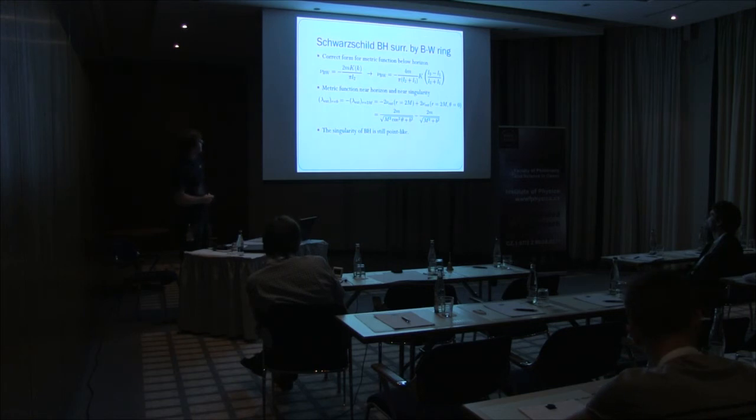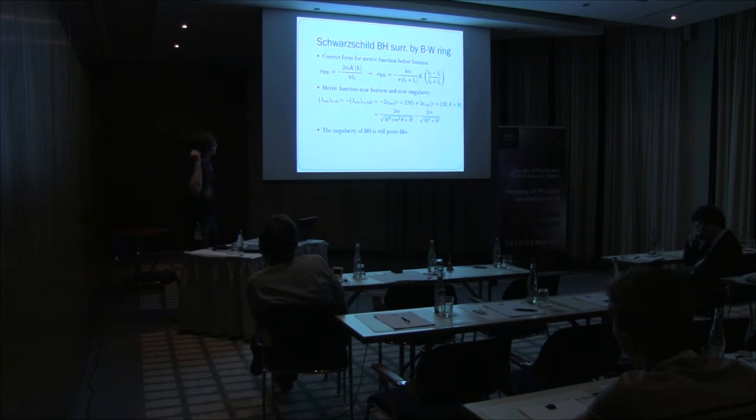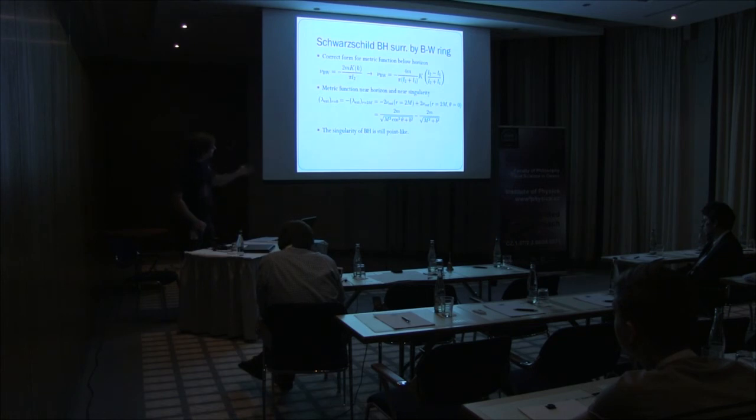This is one of the ways to obtain the new nu for the area below the horizon. It is more complicated, but it has no problem with convergence at the area below the horizon. And one of the most important facts in this metric is that the metric function near the horizon and singularity is really simple.